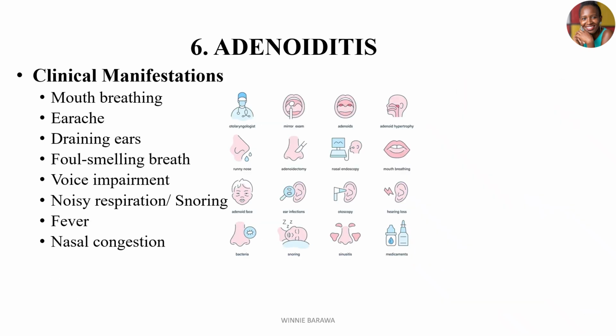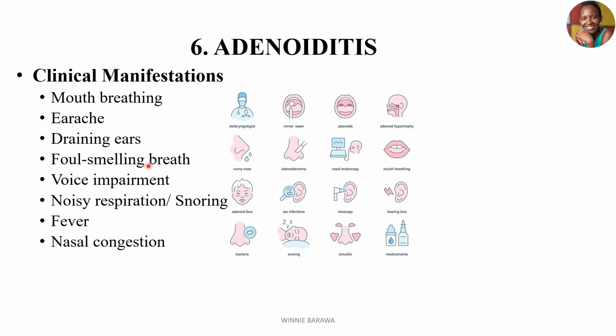Clinical manifestations for a client who has adenoiditis: number one, there is mouth breathing, that is, they're not able to sustain breathing through the nose, so they start engaging the mouth. Then we have earache or pain in the ears. There's draining of the ears because of fluid drainage going to the ears and complicating in the form of otitis media.